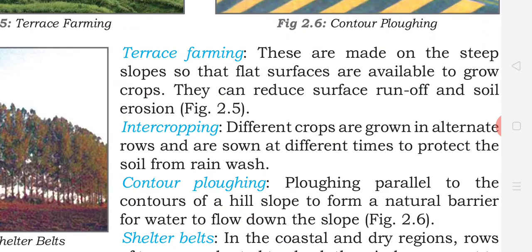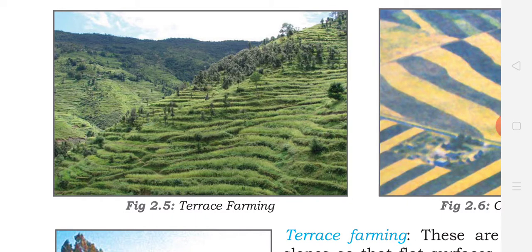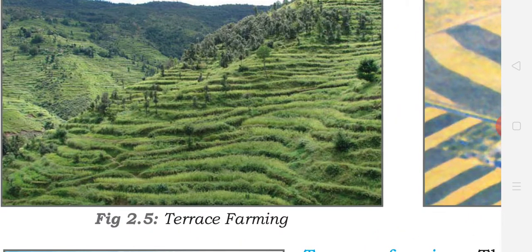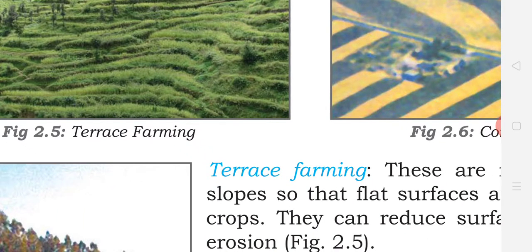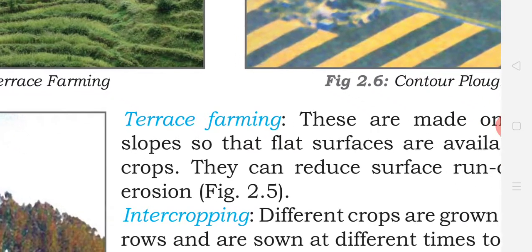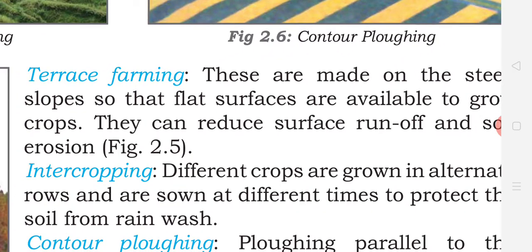Now terrace farming. Here you can see the picture of terrace farming. Just see carefully. You can see a steep slope, and on the steep slope terrace cultivation is done. These are made on the steep slopes so that flat surfaces are available.